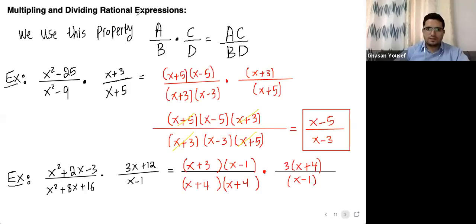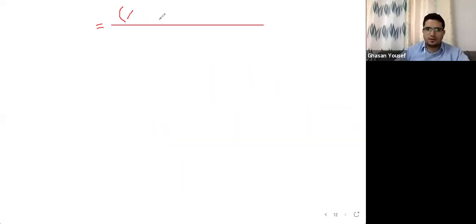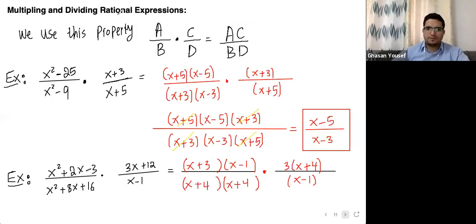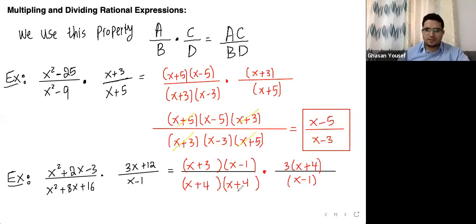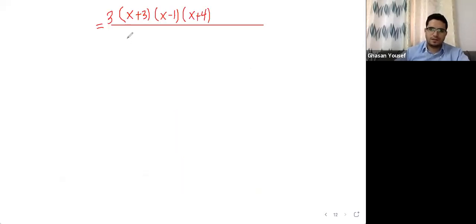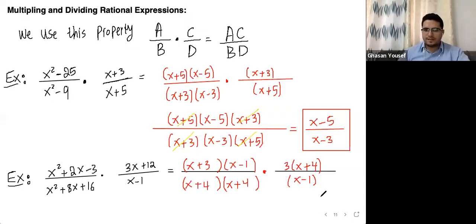This is equal to x plus 3, x minus 1, x plus 3, x minus 1 in the numerator, and 3 times x plus 4 in the denominator. I will put the 3 outside, x plus 4, x plus 4, x plus 4, and the last parenthesis, x minus 1.